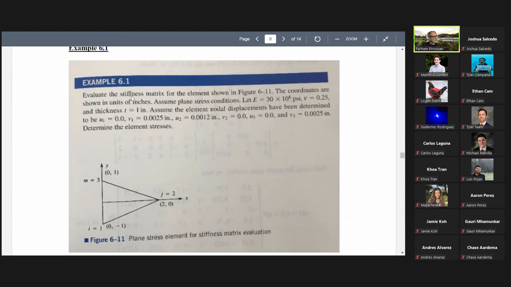We want to evaluate the stiffness matrix, but we didn't discuss this yet, so we will discuss it on Monday next week. Assume we have the displacements U1, V1, U2, V2, U3, V3. We know the displacements, modulus of elasticity, and Poisson ratio. We want to determine the element stresses: sigma X, sigma Y, and tau XY for this element.